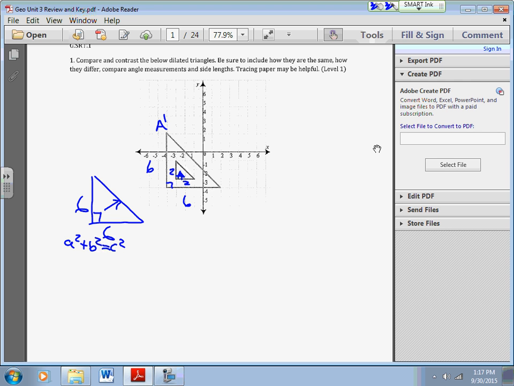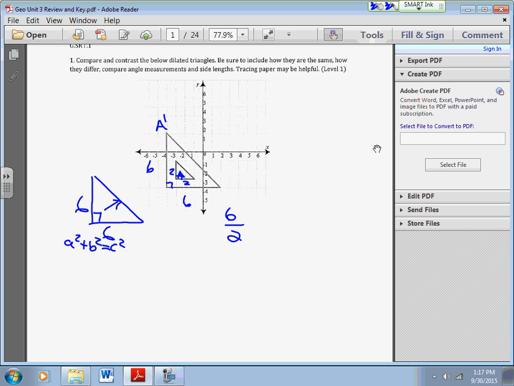Okay. Now, be careful here. You're going to do this on the test. I've already fixed the test to make sure it says which one is the original and which one is the new image. You guys are going to have to make sure you tell me the scale factor. If it was an enlargement, we would use the big numbers over the small numbers.